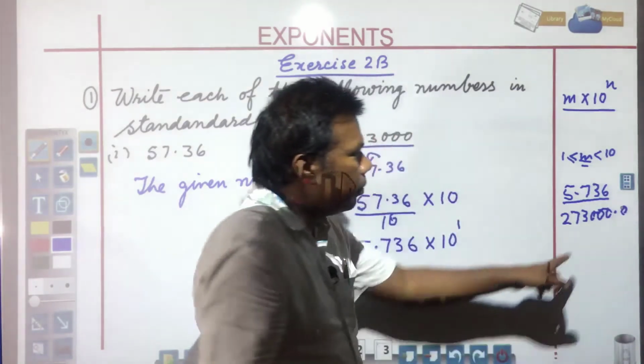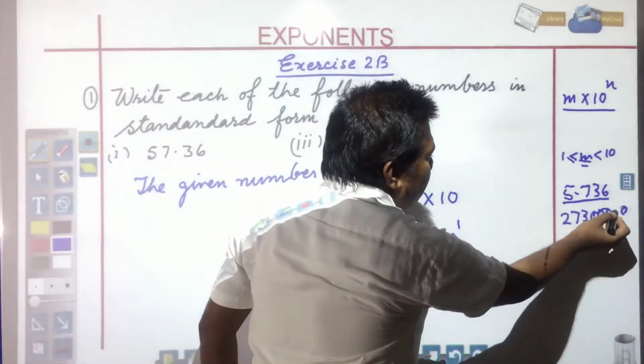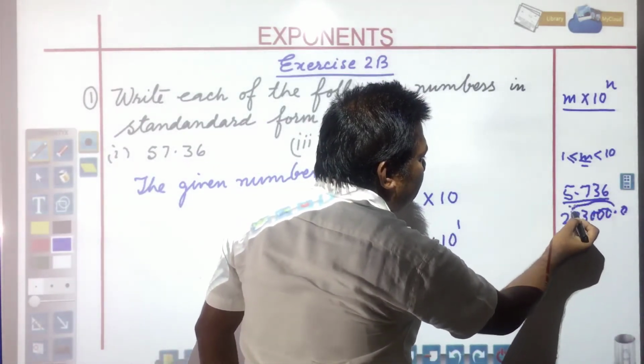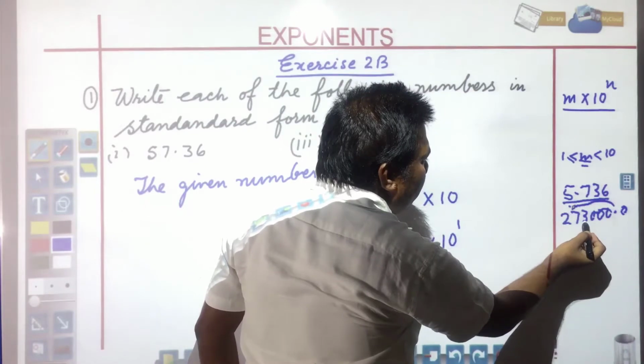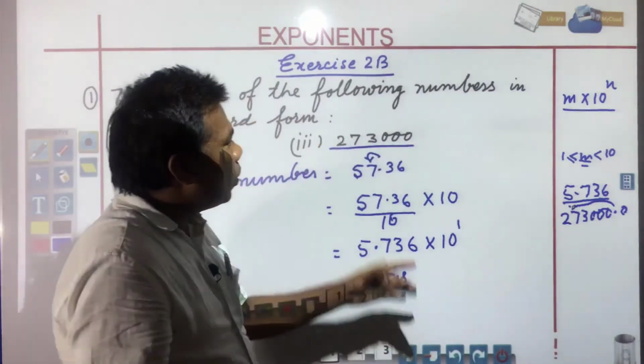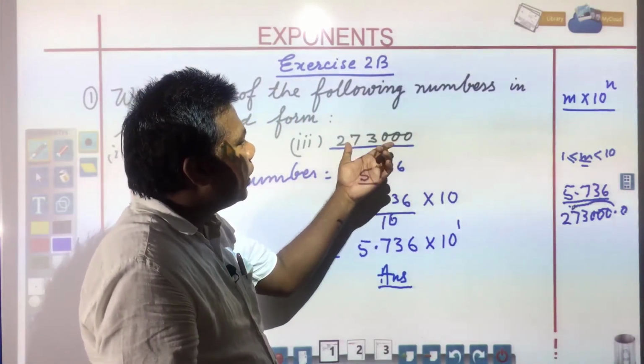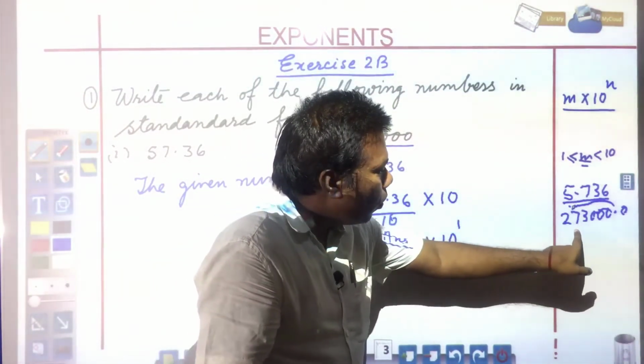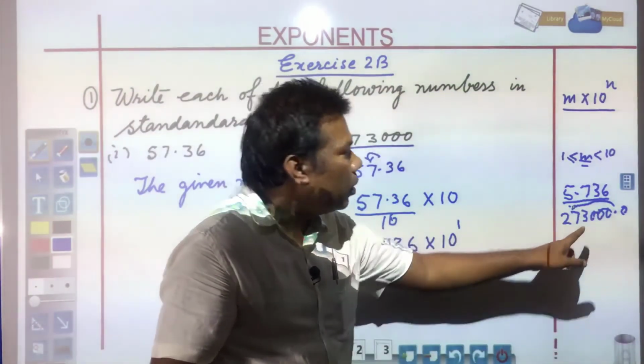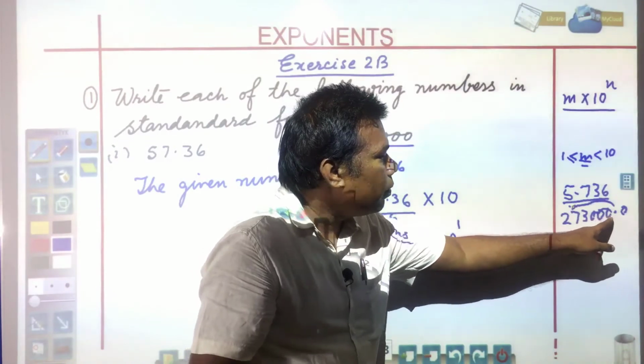So, this decimal is required to be brought how many places? 1, 2, 3, 4, 5 places. So, again this number is required to be divided by 1 and 5 zeros. 1, 2, 3, 4, 5.